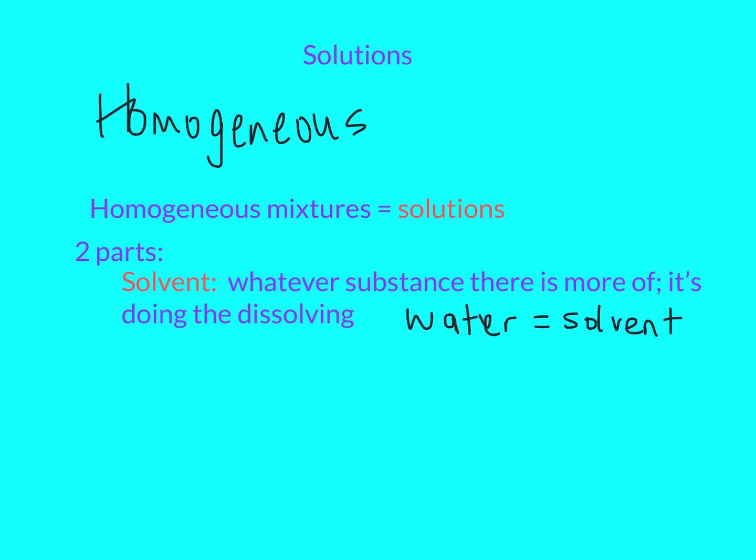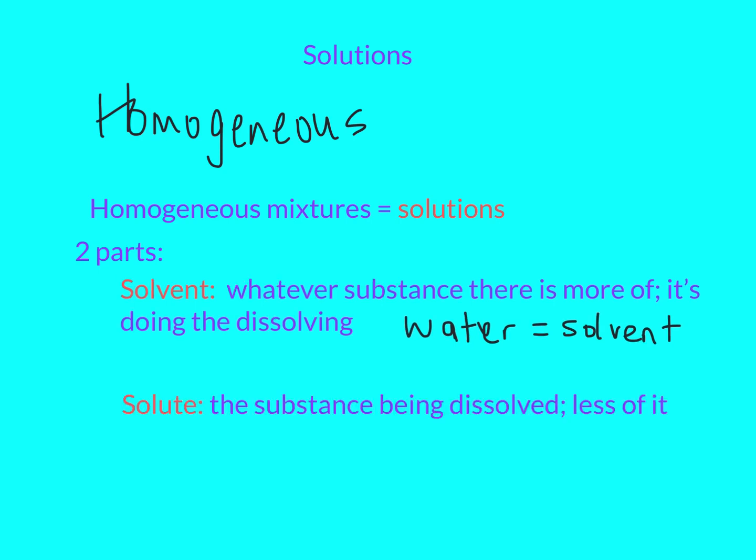It is going to dissolve the iced tea mix. The second part is the solute. This is the substance that is being dissolved, and there is less of it. So again, in our iced tea mix and water solution, the iced tea mix would be the solute. That is what is being dissolved.